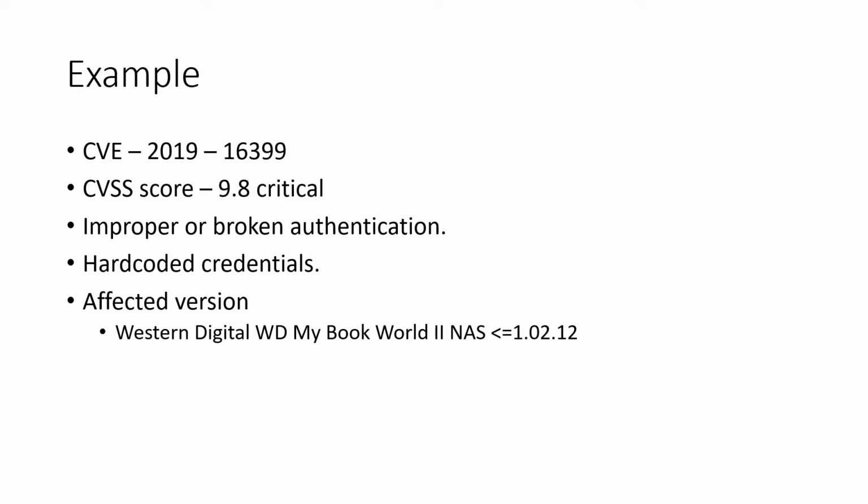The CVSS 3.0 score, when they calculated it, was 9.5, which is rated critical. This bug is due to hard-coded credentials in the code, which allowed the hackers to access the admin directory without any proper credentials.